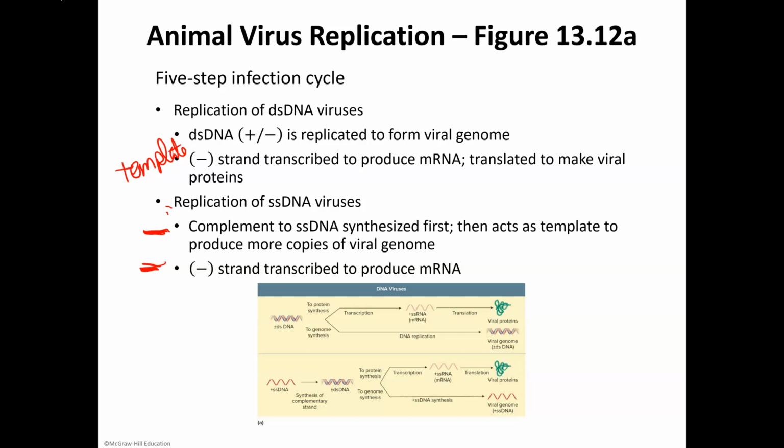So if it's the plus strand of the single-stranded DNA, we make the complement first, and then that complement is the minus strand, and we can make more copies of the viral particles through transcription and then translation.